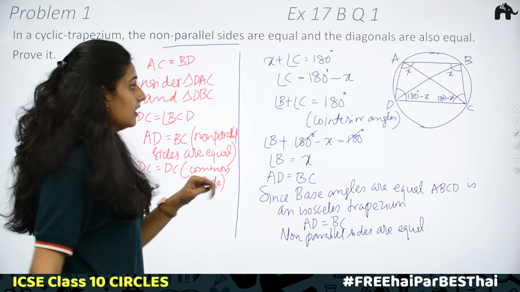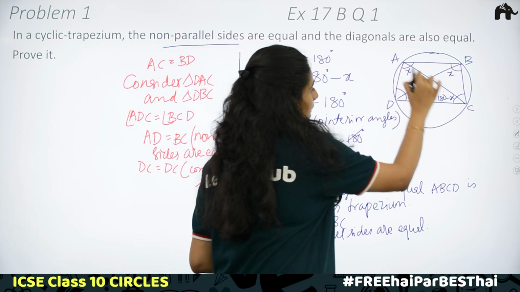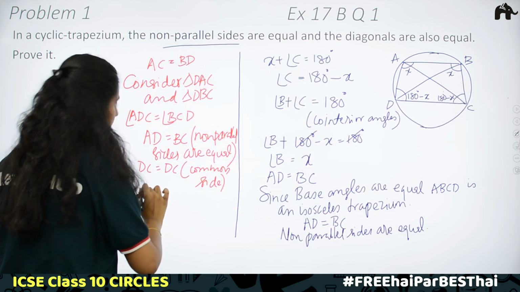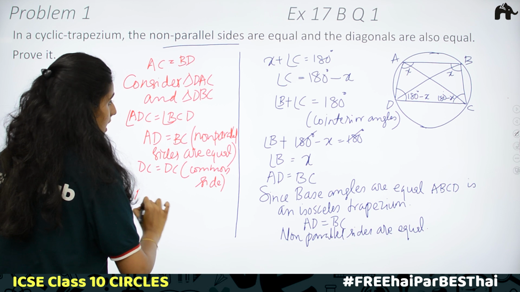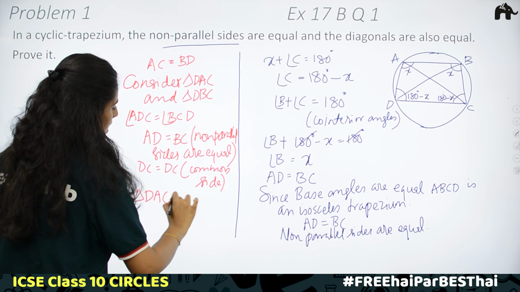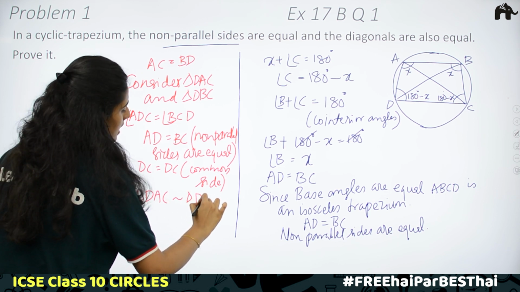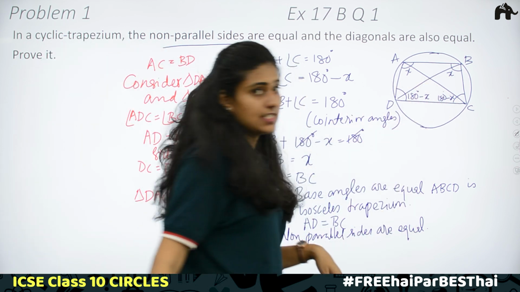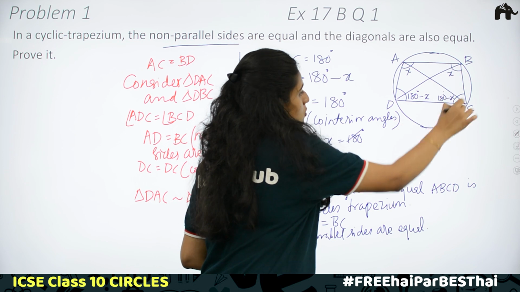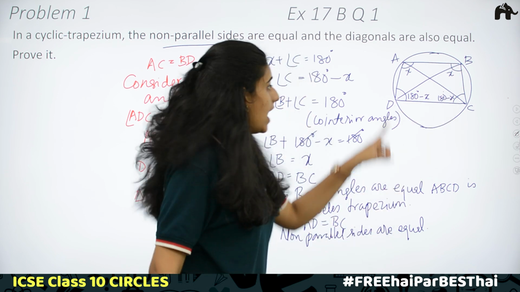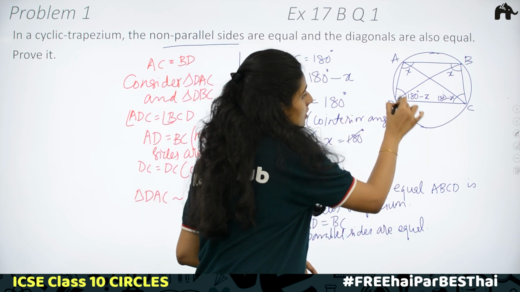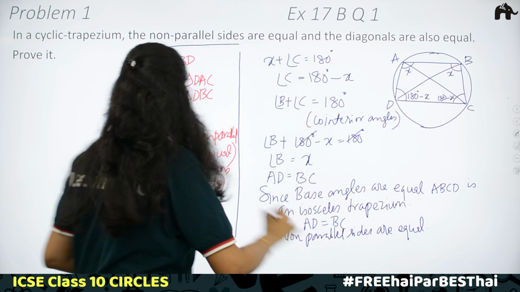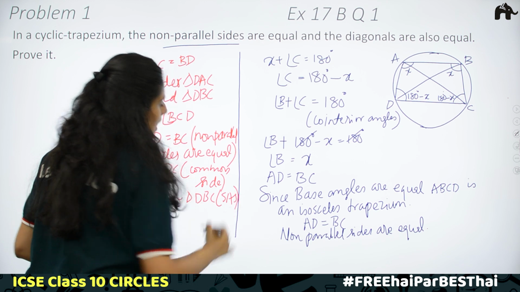Then we will be having triangle DAC similar to triangle DBC. Since AD is equal to BC, DC is common to both, and the angle between these sides is equal, by SAS property they are congruent triangles.